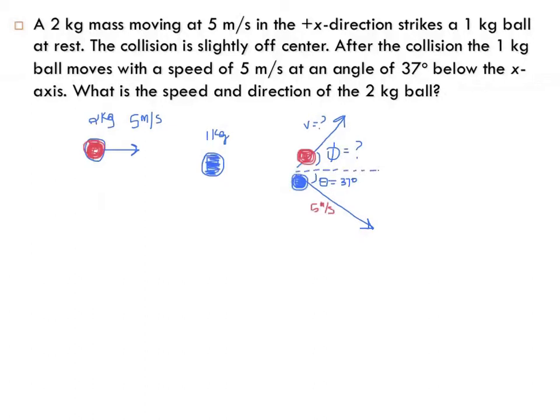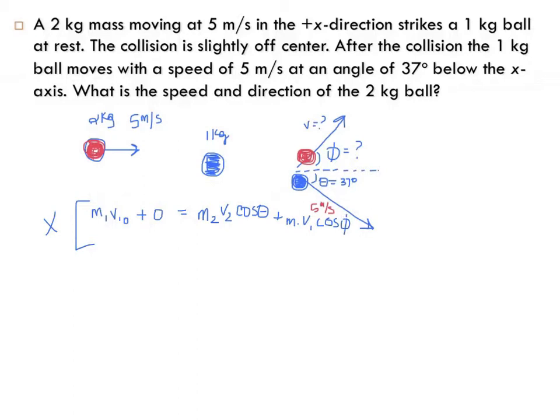So let's start with our momentum in the x direction. At the beginning, our momentum of the first object will be m1 v1 naught plus 0, because my second object is at rest, is equal to m2 v2 cosine theta plus m1 v1 cosine phi.